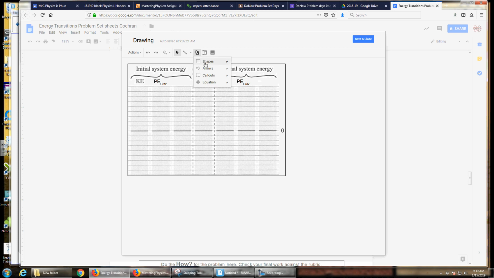So at my initial height, all I have is PE grav. When it's at my lower height, it's going to have less PE grav.